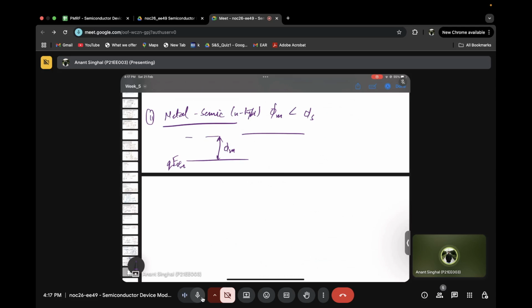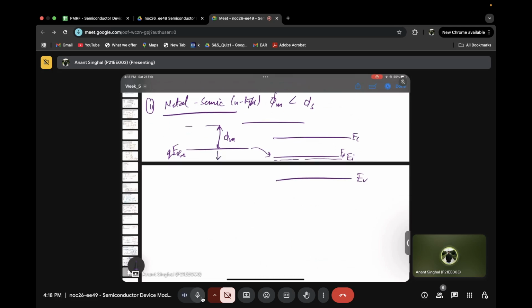And now what I'll do is I'll take the Fermi even below. Okay, so this is the EI, the dotted part. This is the Fermi. This is the EC, and this is the EV. So now the electron will actually flow from metal to semiconductor. So this part will go down, right?